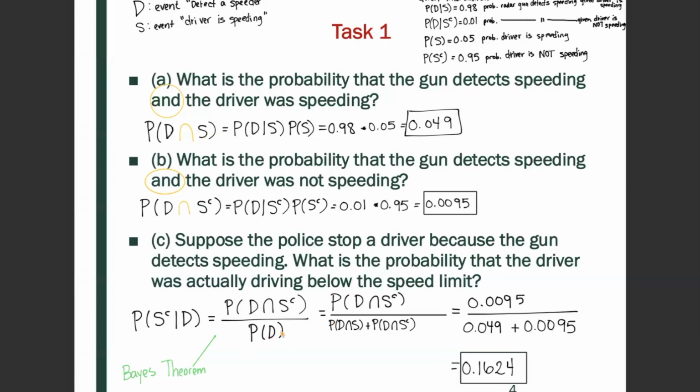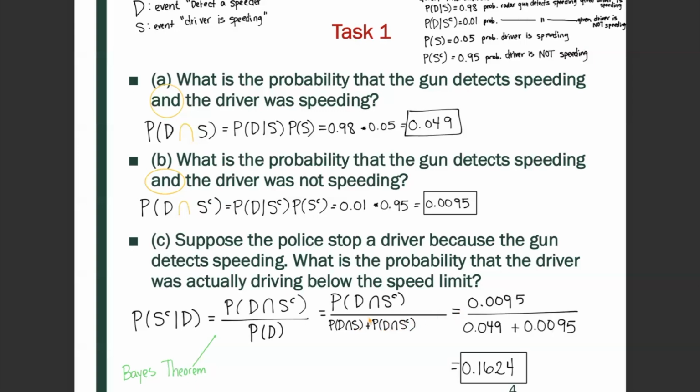And here the denominator equals the probability where we detect a speeder and the driver is speeding, plus the probability we detect a speeder and the driver is not speeding. So this is Bayes' theorem.